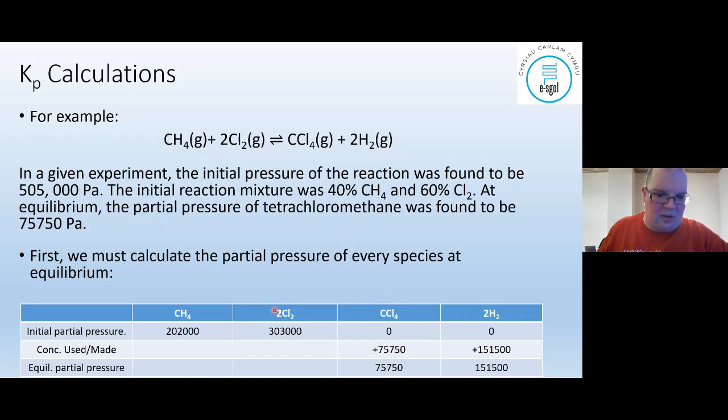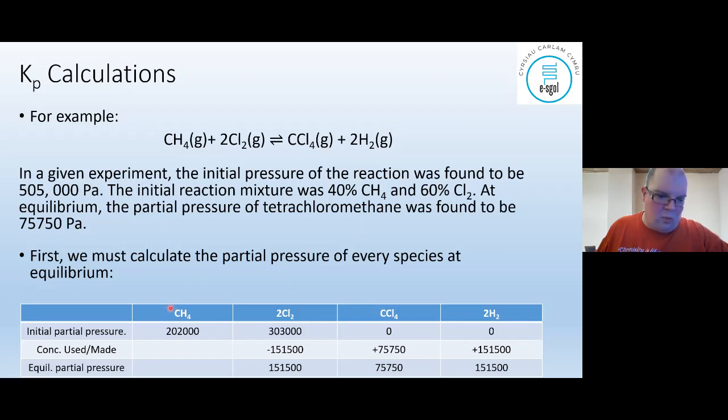Now we do the same thing where we have to work out how much of each one is used. So we'll start with chlorine simply because it's closer. It's a 1:2 ratio. So it's going to be exactly the same value as for hydrogen chloride, but it's going to be minus because we're using it up. So we subtract 151,500 from 303,000, and we get a total of 151,500. That is the value at equilibrium for chlorine. Same thing for methane.